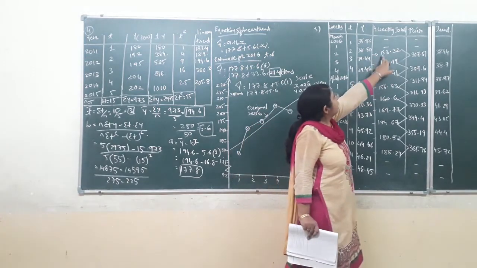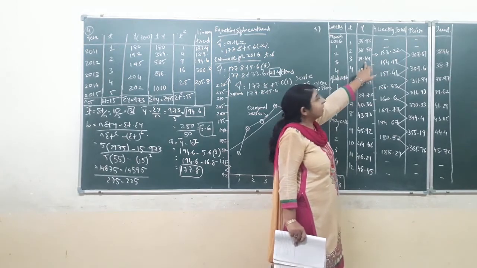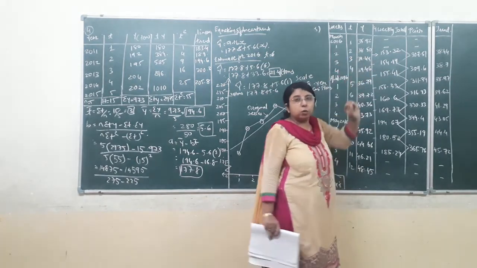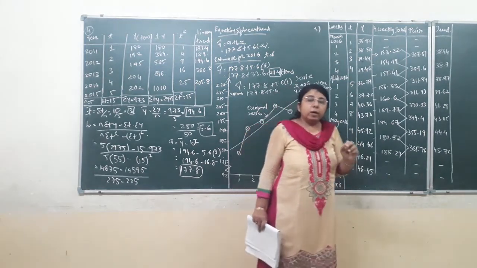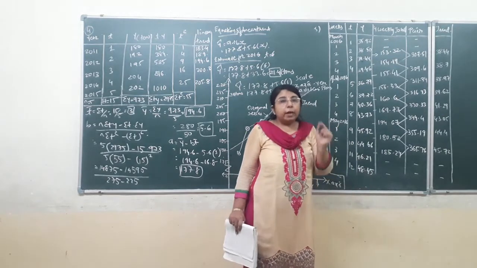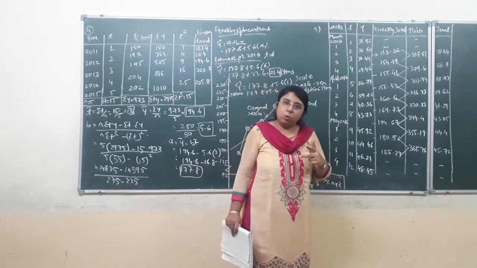The total that would come is 153.32. You don't have to write exactly beside Y3. You have to write always in between the 2 values of Y, that is Y2 and Y3.